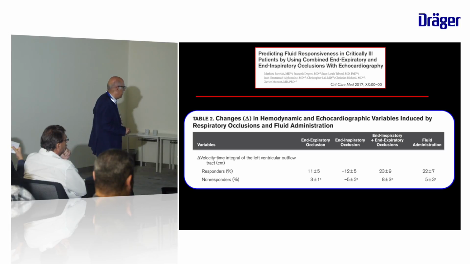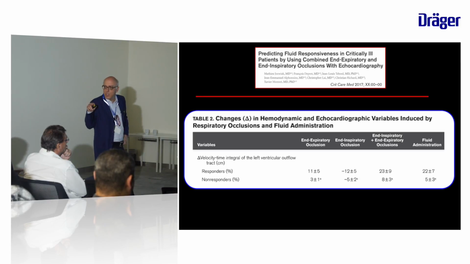And you see here, this is the change in the velocity time by echo in this case, and they found that you have a difference in the responders, a percentage of difference in the flow of 11% at expiratory occlusion, okay, and 3% in the non-responders.